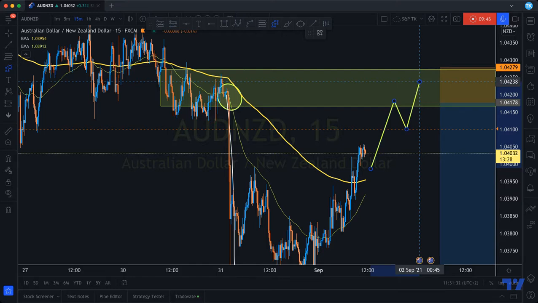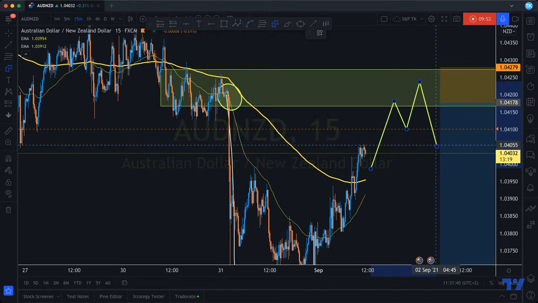Price is looking for liquidity here, signal of weakness. This is Wyckoff, guys. Signal of weakness is a very good confirmation, because we have a lower low.